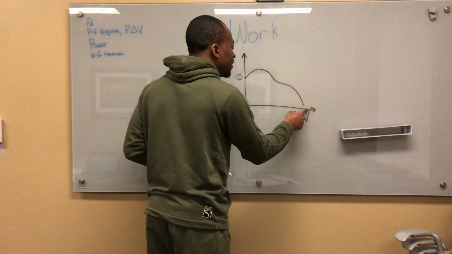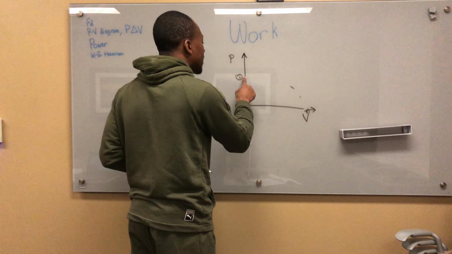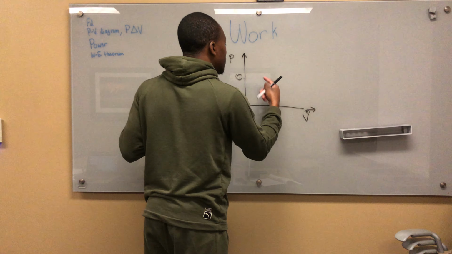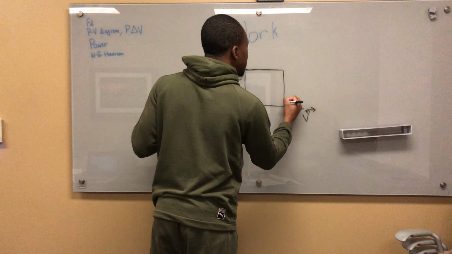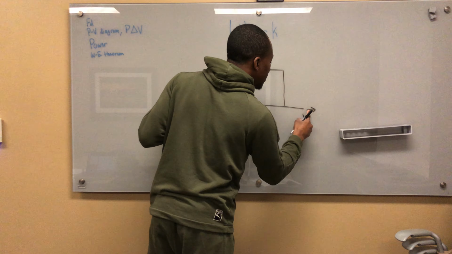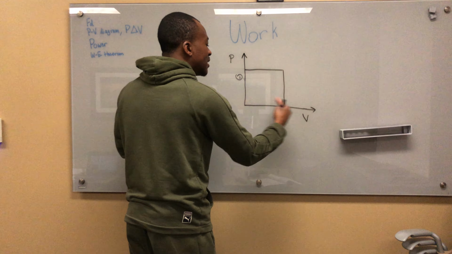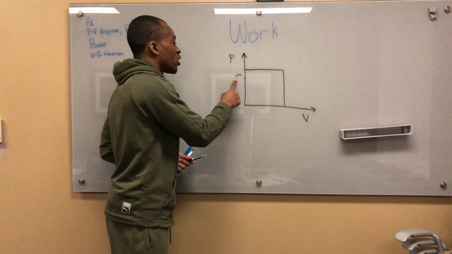A lot of the time you're gonna be given things that look like sort of straight lines, so you can calculate what is going on, but a lot of the time you might see something like this. To calculate the work done, it's just the area. So you would just multiply this height times this width, and you get the area, which would give you the work, right?